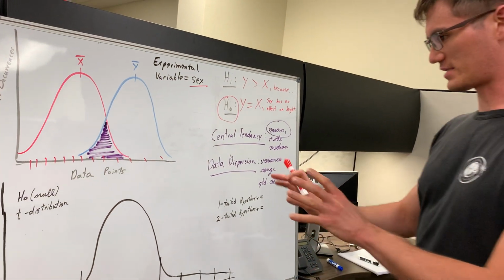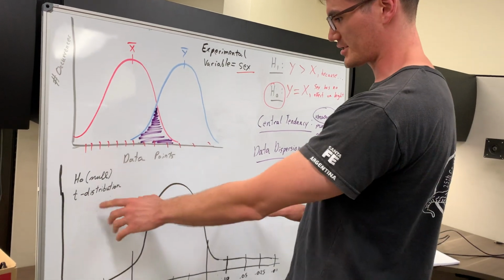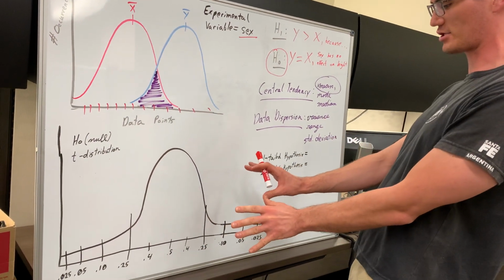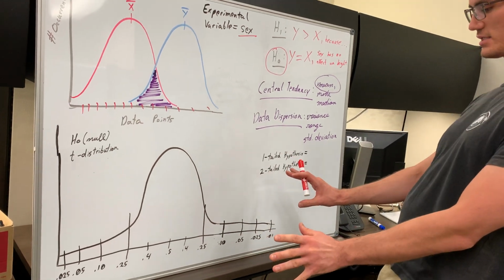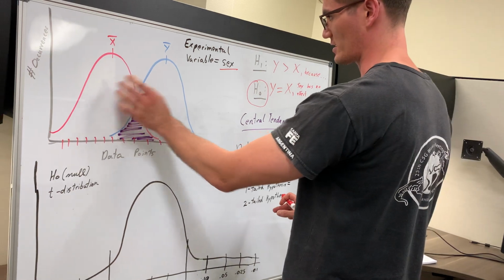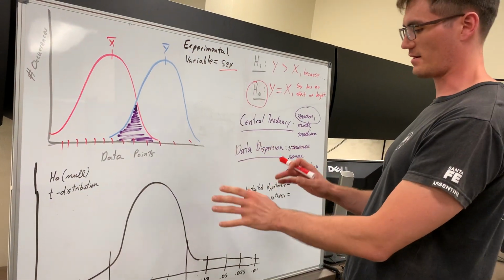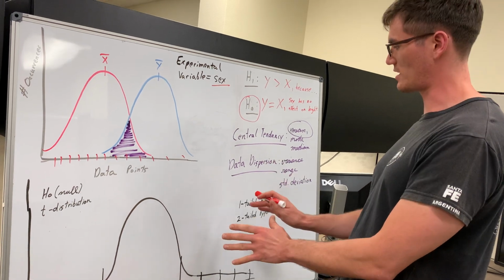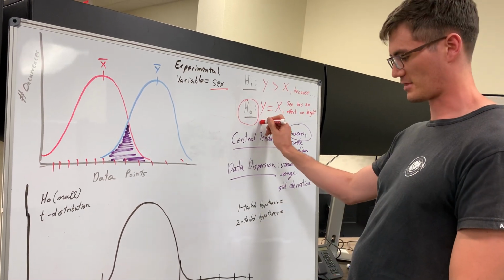And so this is what's called the H0 or the Null T Distribution. This is a mathematical representation of all the possible scenarios of the differences between treatment X and Y. It's a representation of all the different possible t values, assuming that H null is actually true, okay?